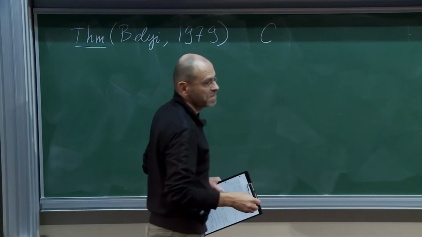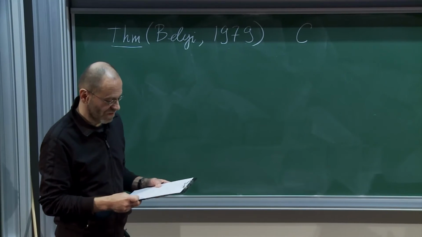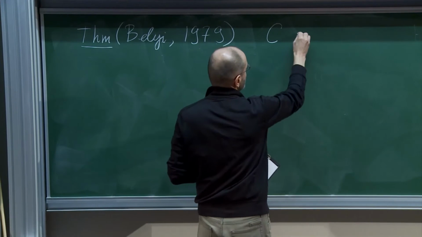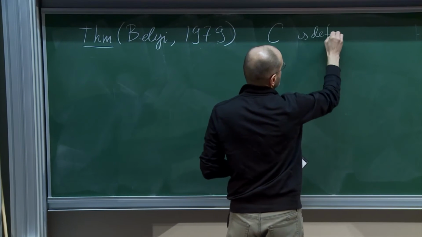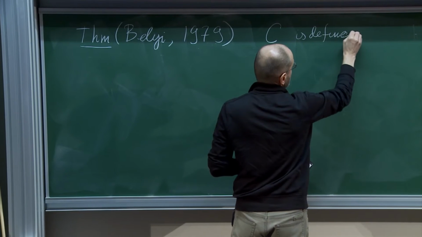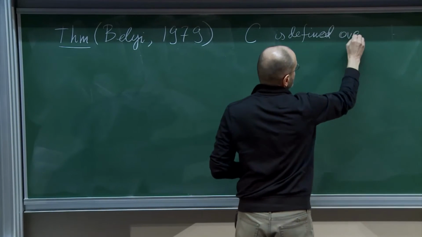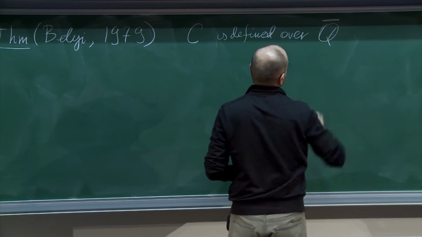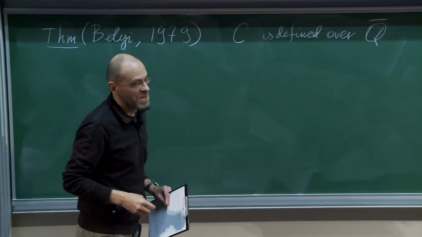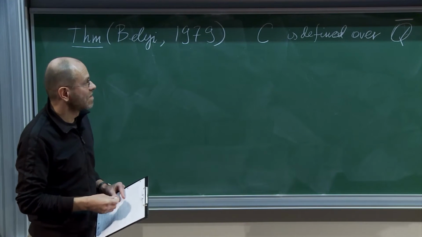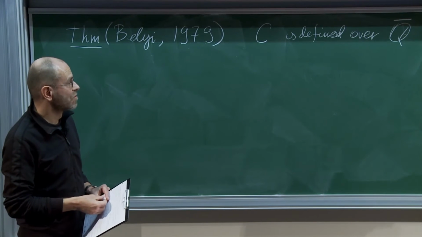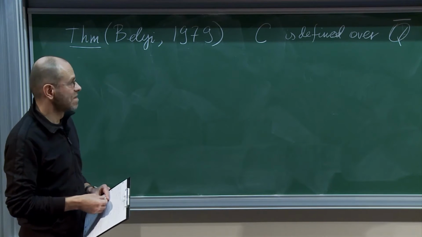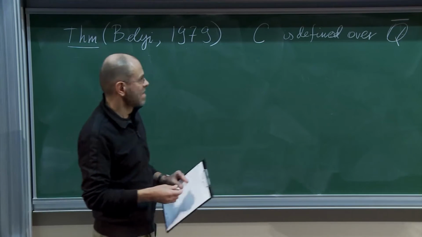Let C be a compact, complex algebraic curve. Roughly speaking, you get the field Q bar by adding all roots of all polynomials with rational coefficients.